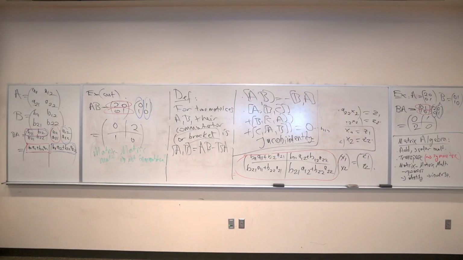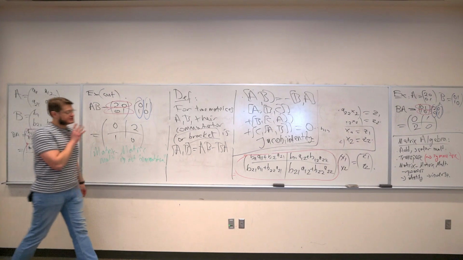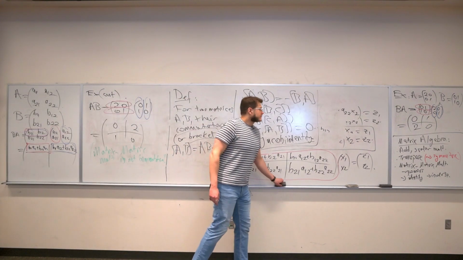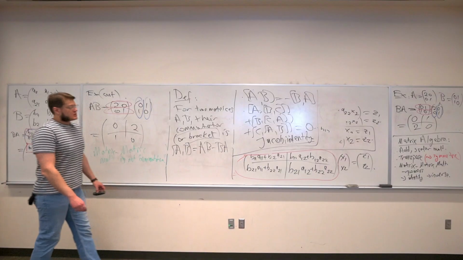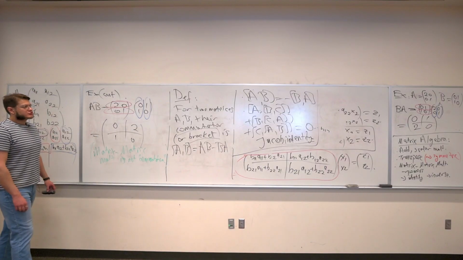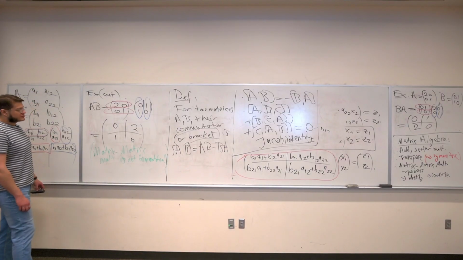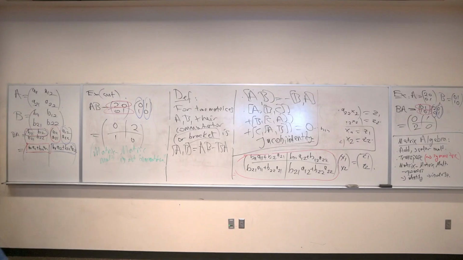So I want to switch over to the general rule for matrix-matrix multiplication. Should I do an example or give the general formula? I'll give the general formula later. Let's do an example.